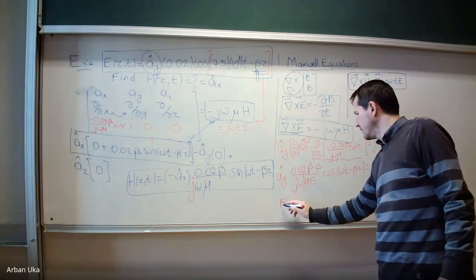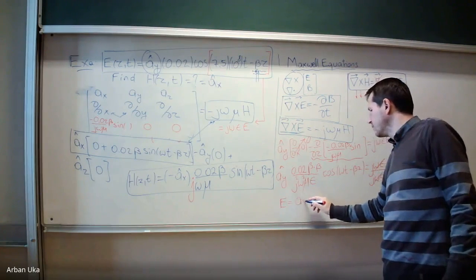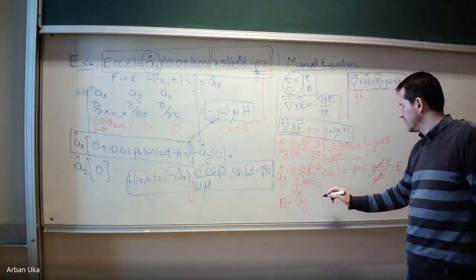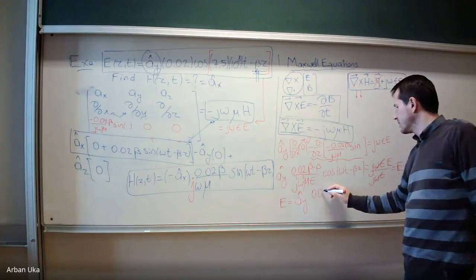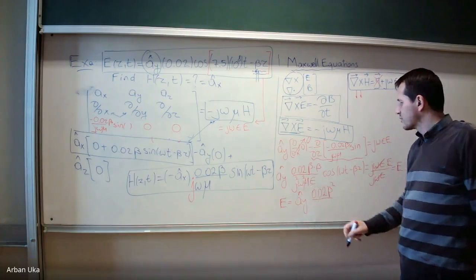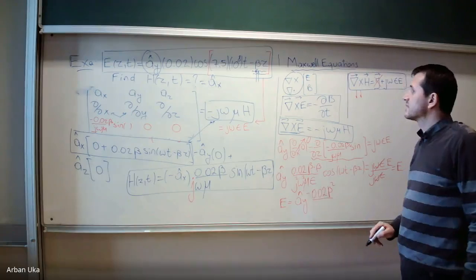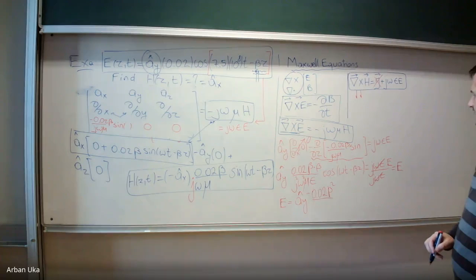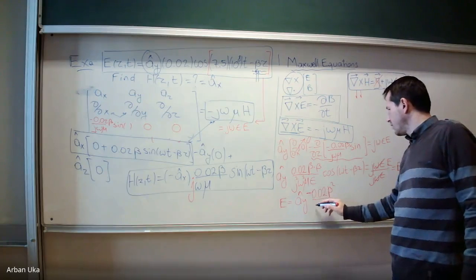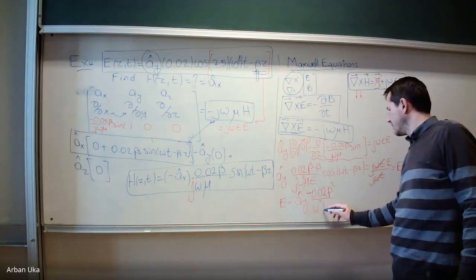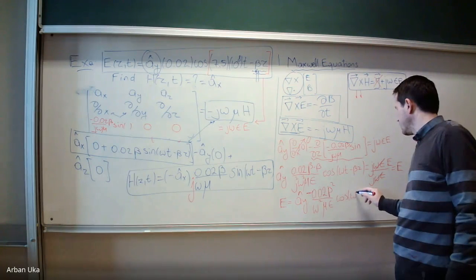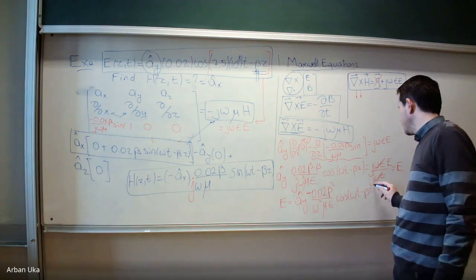so the electric field is equal to AY times 0.02 beta squared. This j squared is a minus sign, so we have one extra minus sign here, over omega squared permittivity cosine omega t minus beta z.